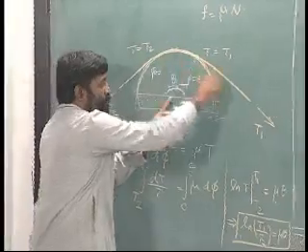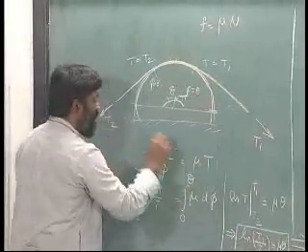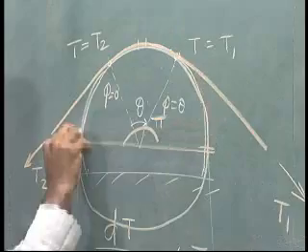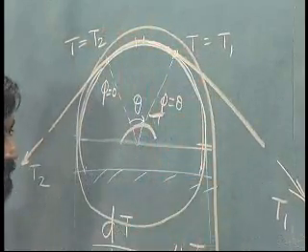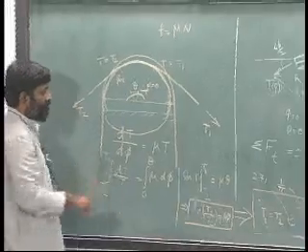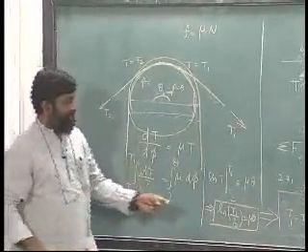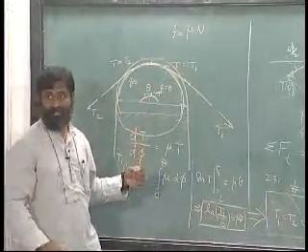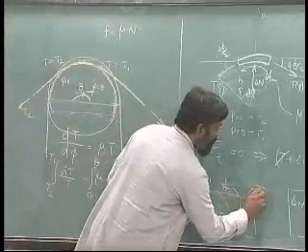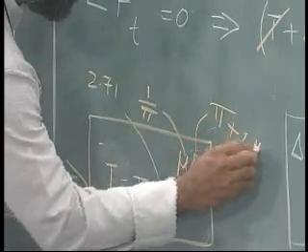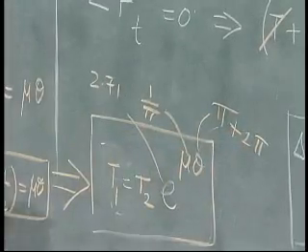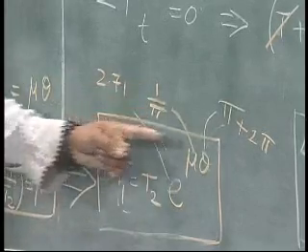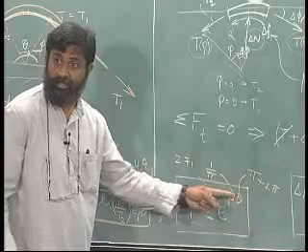If I take one more circle before going like this, for example, I take one full rotation and again bring it back over here, then this theta will now be 2 pi plus pi, which means 3 pi, which means e raised to 1 by pi times 3 pi, which is e raised to 3.